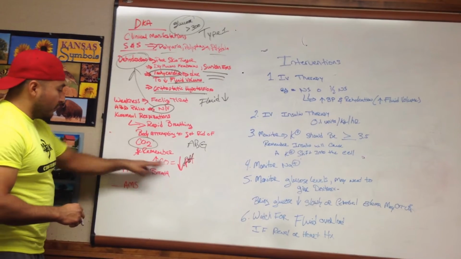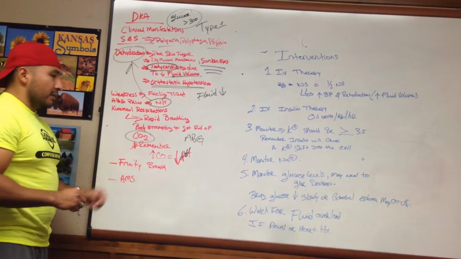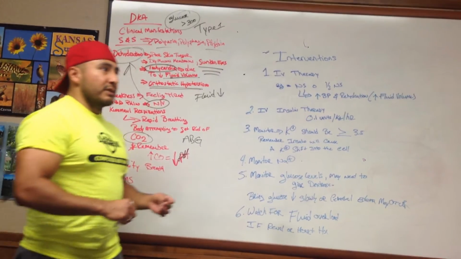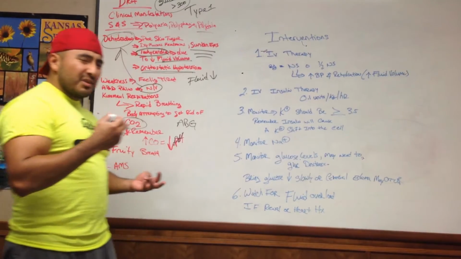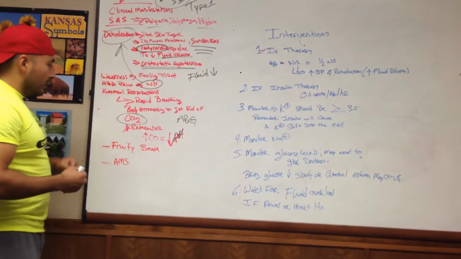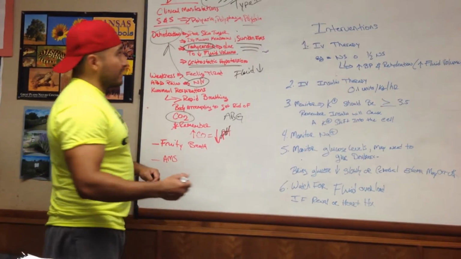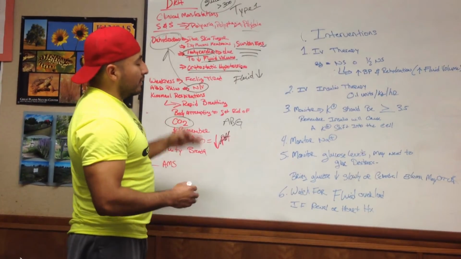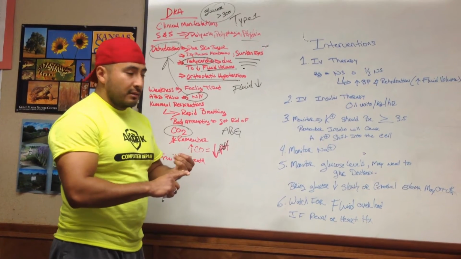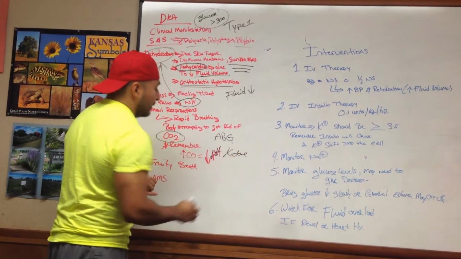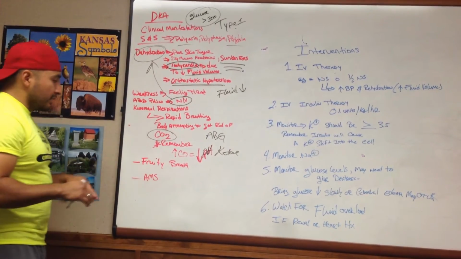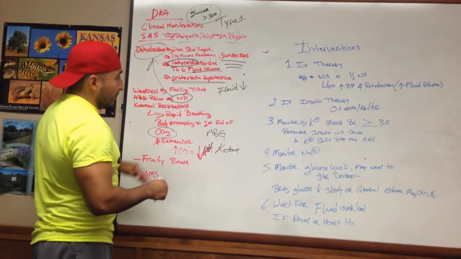The other thing that you want to check for is their breath. Is it fruity? I've heard a lot of physicians say it kind of smells like Juicy Fruit. If you were to smell their breath, it would smell like Juicy Fruit because of that acetone on their breath. And remember, you're getting that acetone from breaking down fats. You break down fat, you produce ketone bodies, and again, that will bring your pH down, causing a more acidotic state.